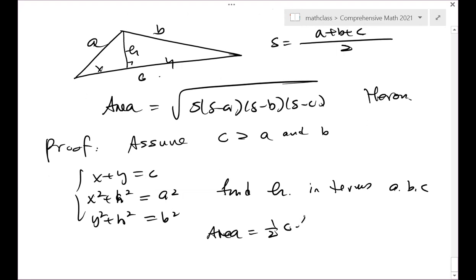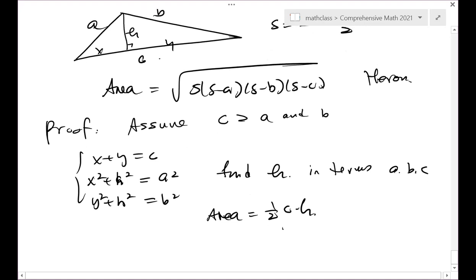Area is half of C times H. Then you modify the expression, and finally you can express the area using the above formula. It's fun, if you have time, you can try to prove that formula by yourself. So it's a very useful formula.